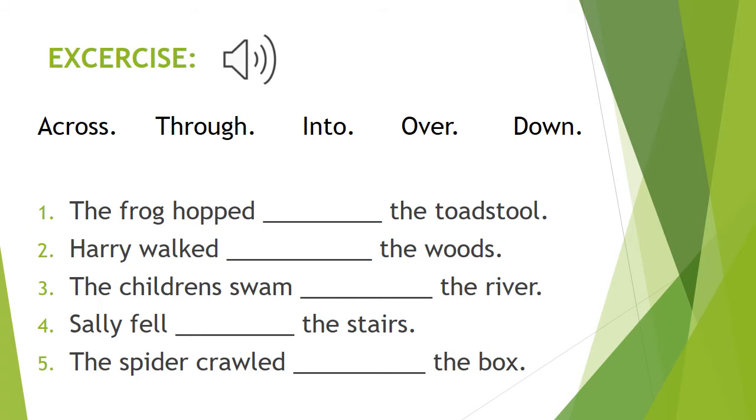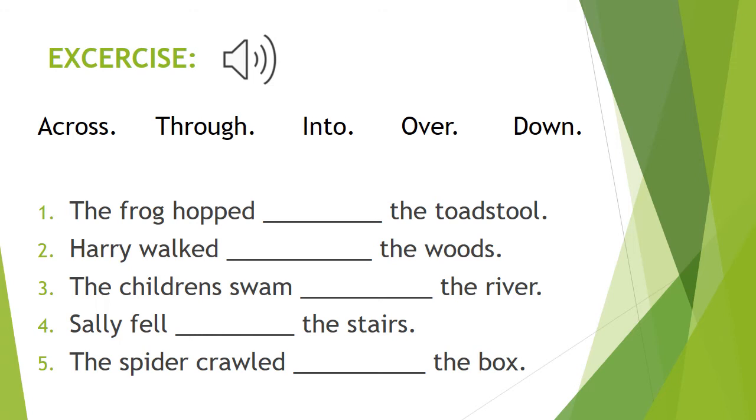As I told you, here we have some prepositions given to us to help us fill the blanks. So, I am going to explain each of the prepositions one by one to you, and then you have to decide which preposition you have to place in which blank. Across.